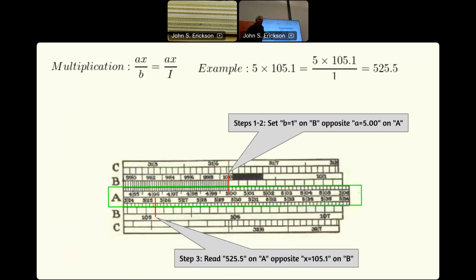And this is where it gets really kind of shady, and where they talk about the precision. This value is 525, this is 526, so it's 0.2, 0.4, 0.6, 0.8. So it's right in the middle, 525.5.